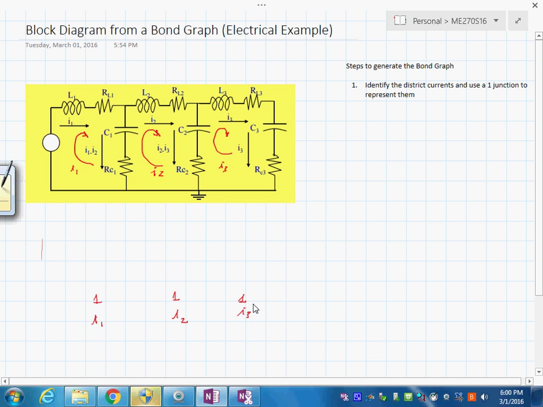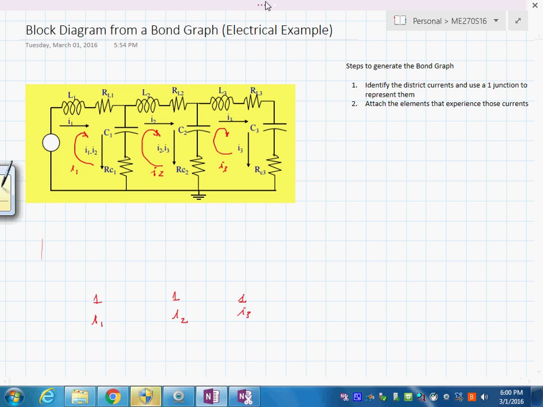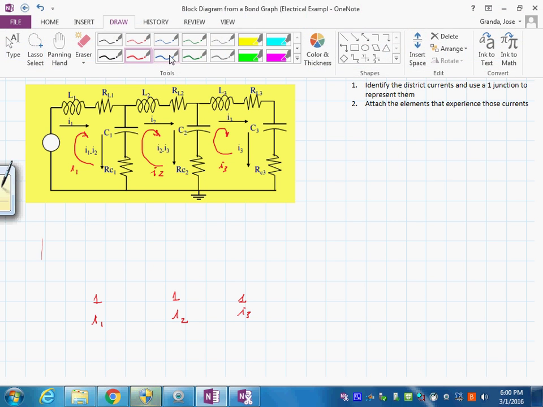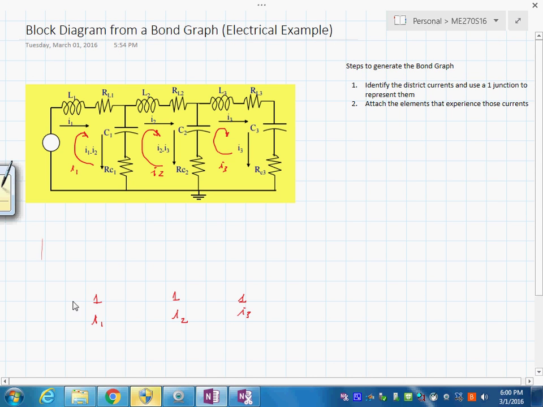Step number 2 is to attach the elements that experience those currents. Let's change colors here. On this side we have the voltage source, so we're going to put a source of effort with the value voltage.